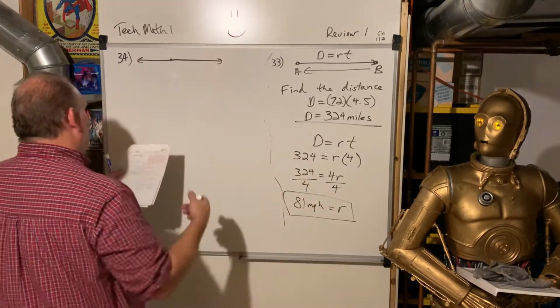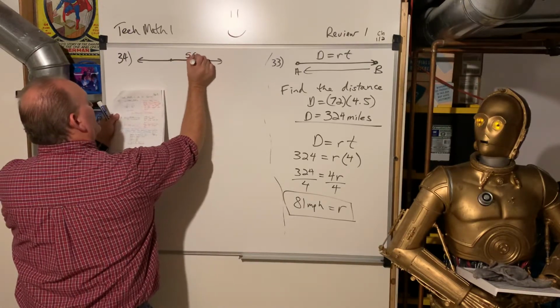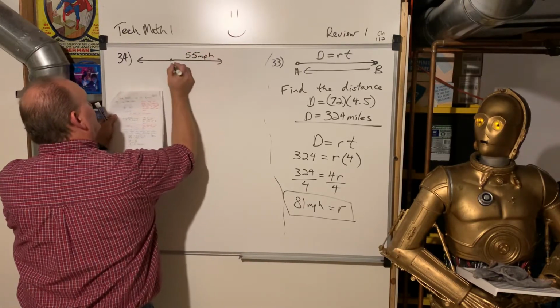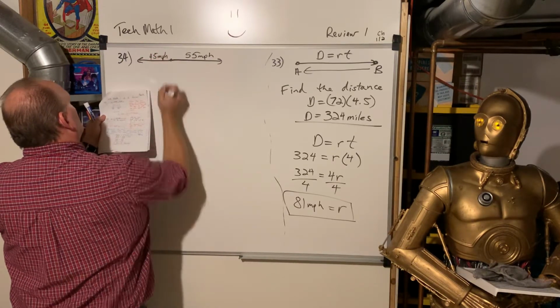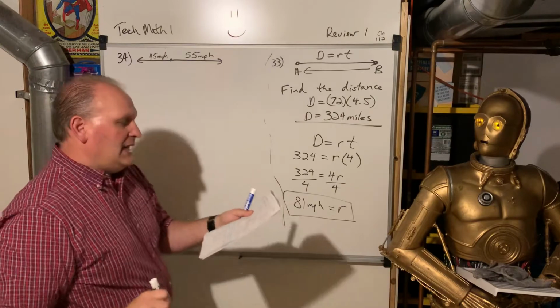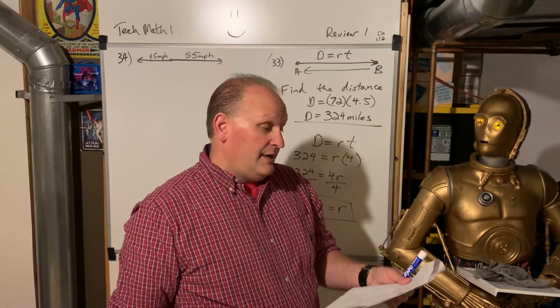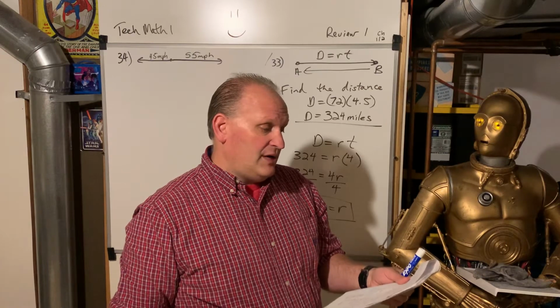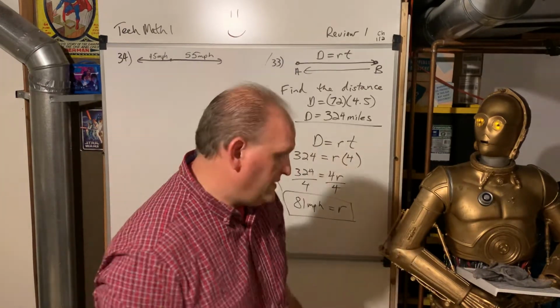So they start traveling away from one another. One is going 55 miles per hour, and the other is going in the exact opposite direction at 45 miles per hour. And they want to know how long will it be before they're 150 miles apart. So how long before they're 150 miles apart?